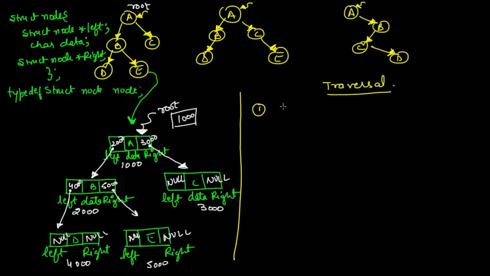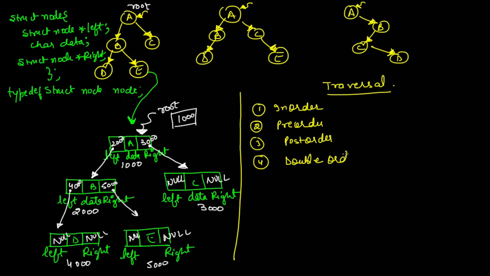The first traversal technique will be inorder, which we are going to study. The second traversal technique will be preorder. The third traversal technique will be postorder, and then we are going to see what is double order, and then we are going to see what is triple order.